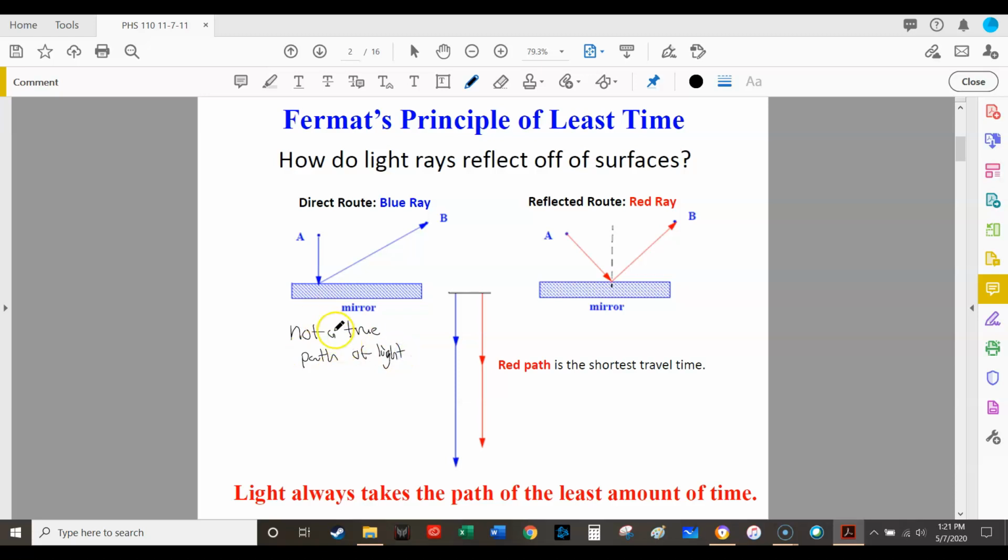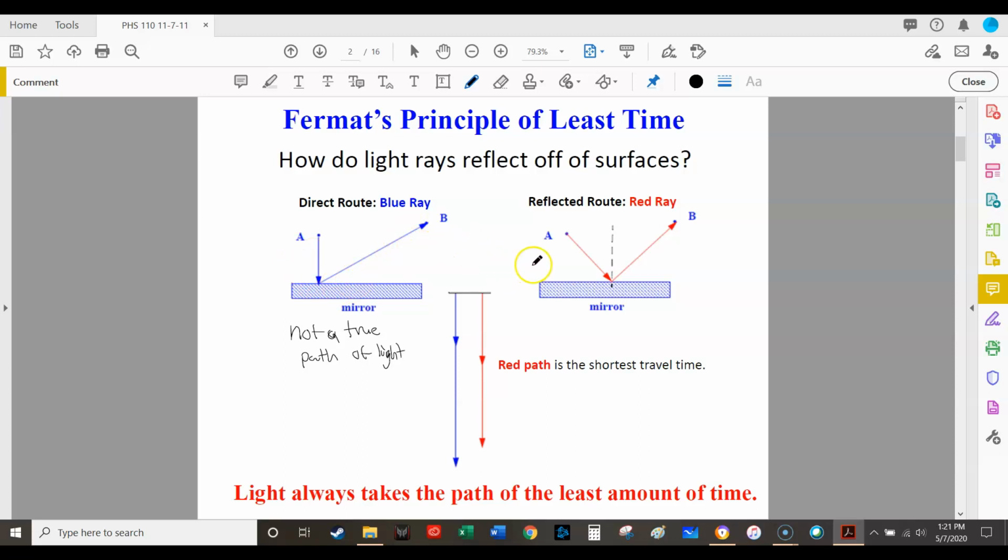Not a true path of light. So why doesn't light take this path where it's more of a direct route? It goes from here, bounces down, and then goes straight across. So it's not bouncing as much, really. So why doesn't light travel like this when it reflects off of a mirror?